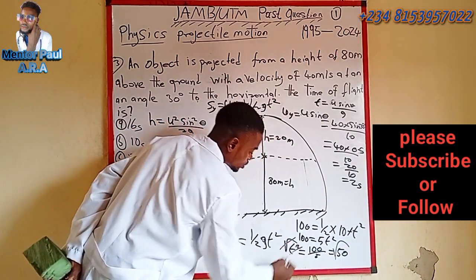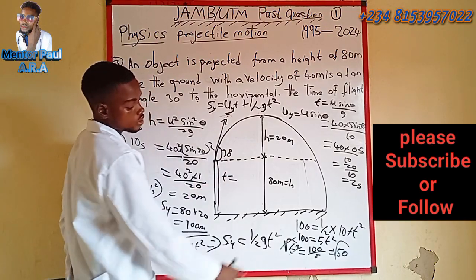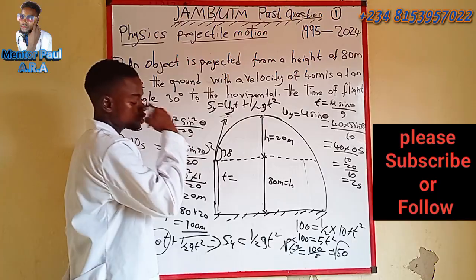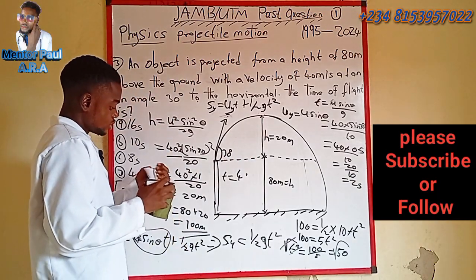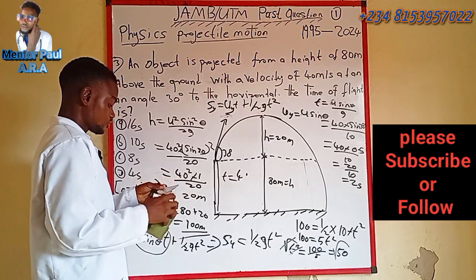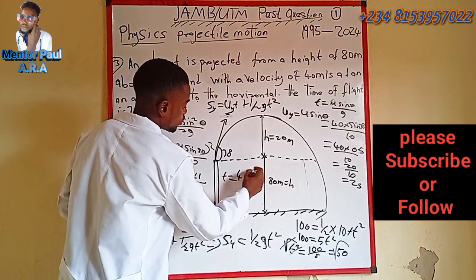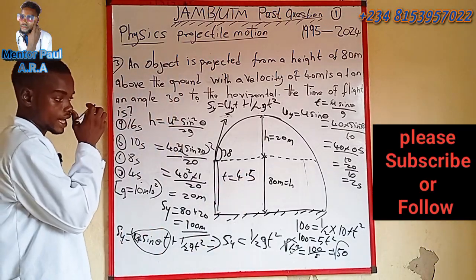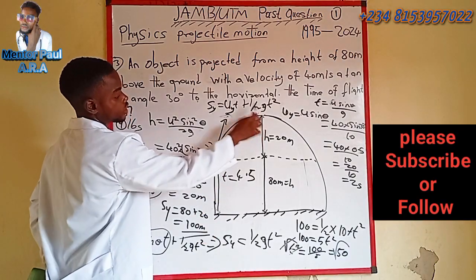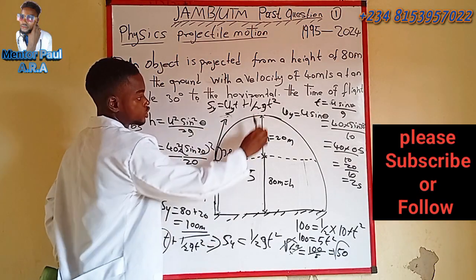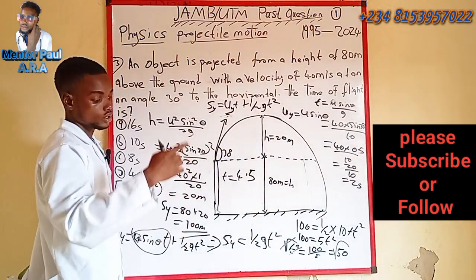Now we are going to find the square root of 50 by applying the square root to both sides. This cancels this. Now the t is going to be equal to root 50, which is going to give us 4 point... let me check my book. Root 50 is going to give us 4.5, and that is the time it's going to take from this place to this other place, whereby we have added the total height, which we got to be 100.